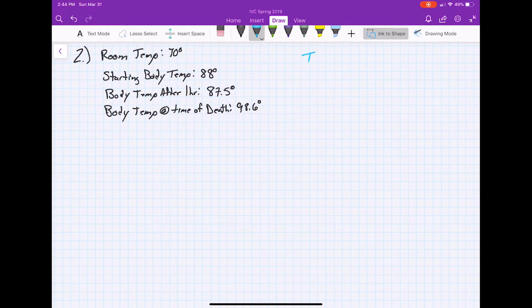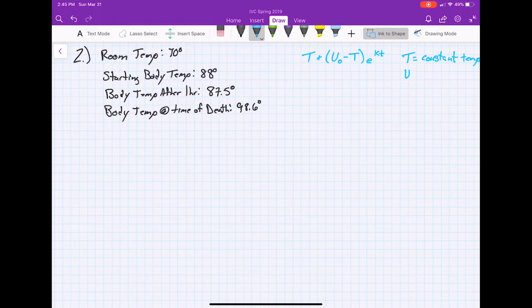So Newton's law of cooling is an equation that looks something like this: temperature plus U sub naught minus the temperature, times e to the kt. Just as a reminder, what do all of these values mean? The big T means the constant temperature, which in our case is 70.